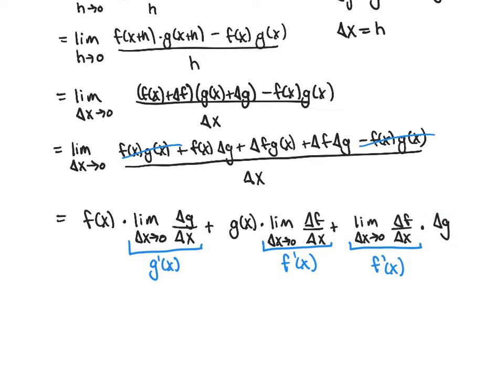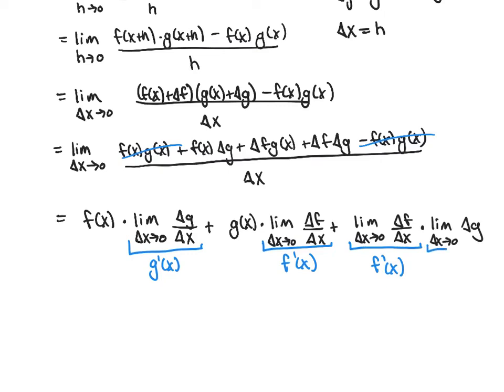So actually I need to have a limit distributed to the second factor, which I can do because both limits exist. I can apply the product rule for limits, not the product rule for derivatives, but the product rule for limits. And we know that as delta x goes to 0, the change in the g function is going to go to 0.